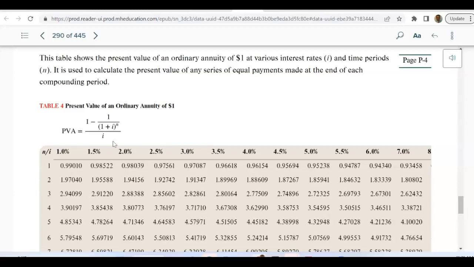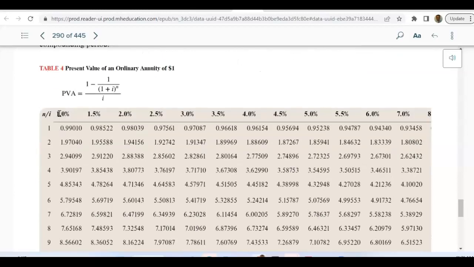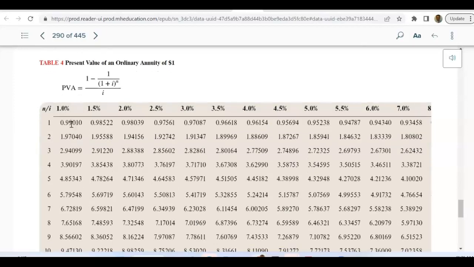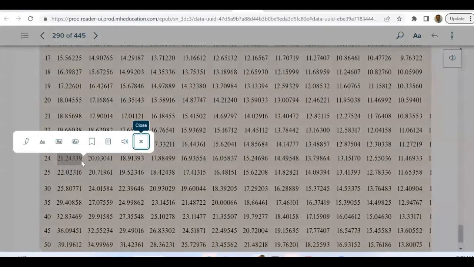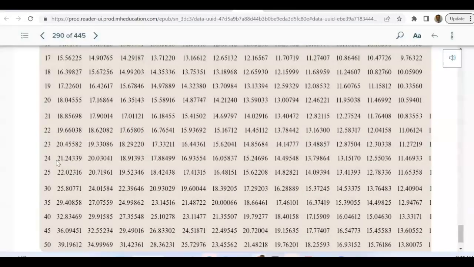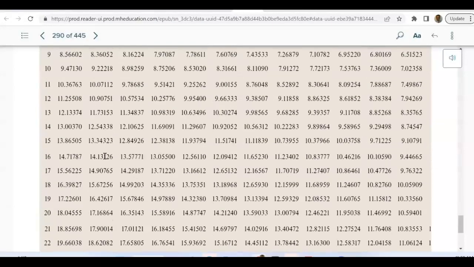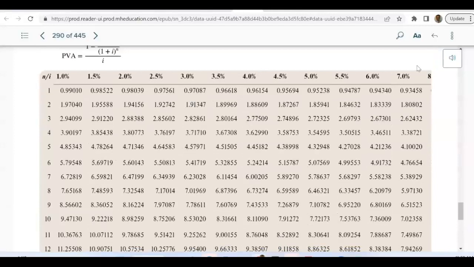So if it was 12%, I could say, okay, 12% divided by 12 months, it's 1%. 1%, I go here 24 months, and the factor would be 21.24339, right? I would use that. But I cannot use that right now because the interest rate is not 12, interest rate is 8. And if I say 8 divided by 12, it will be an odd number that is not in the table.